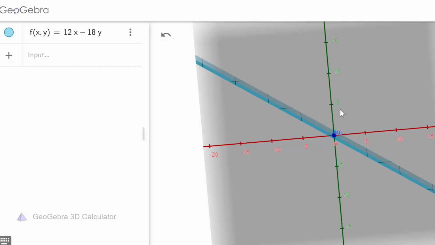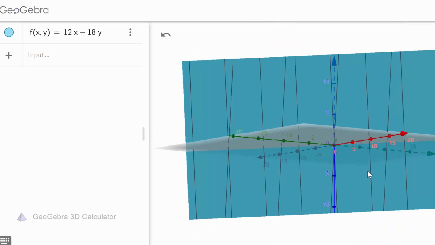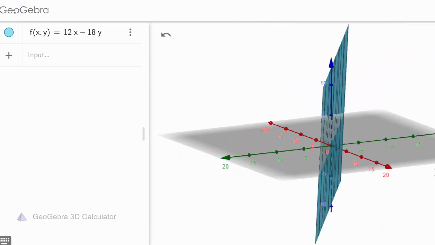So it's a rectangle right in this area. Basically, what the double integral is calculating is the volume underneath this plane, between the xy plane and this plane, in that rectangle. So we're finding the volume of a specific region.